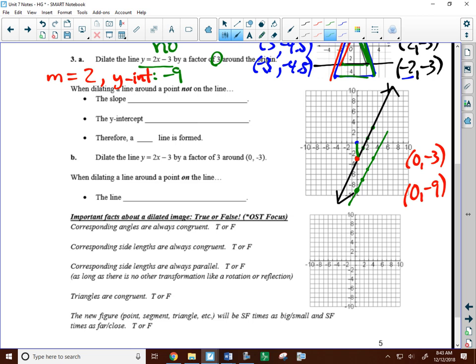So I just wanted us to make some conclusions here then. When dilating a line around a point that's not on the line, so dilating on a line is slightly different, but when dilating a line around a point that's not on the line, like the origin, the slope is the same, it's unchanged.